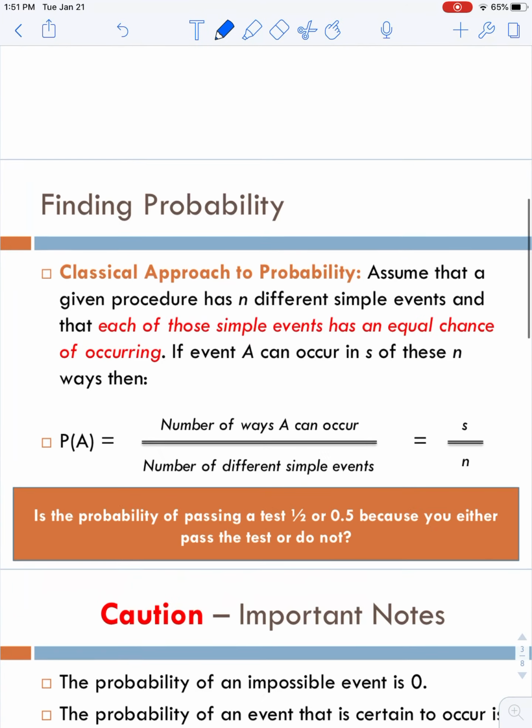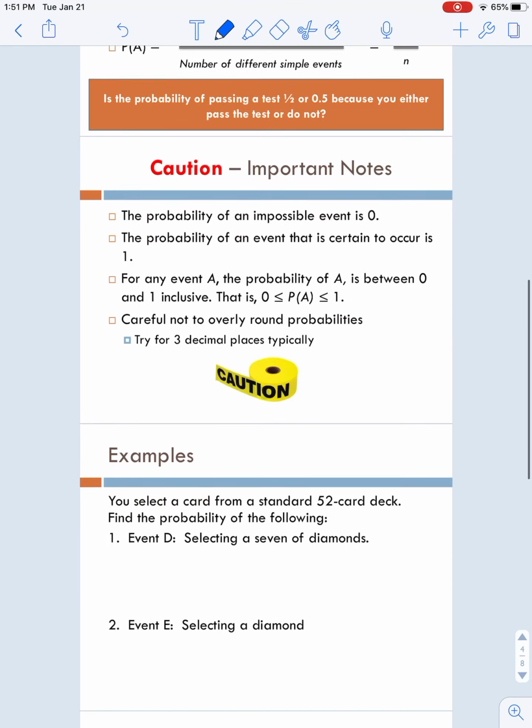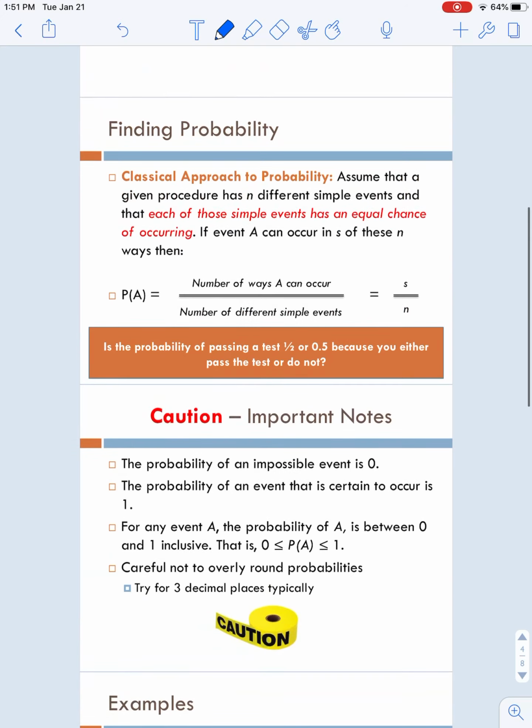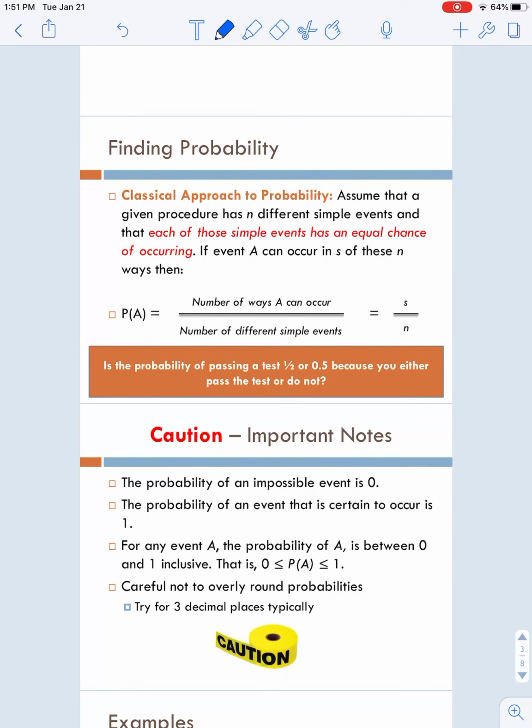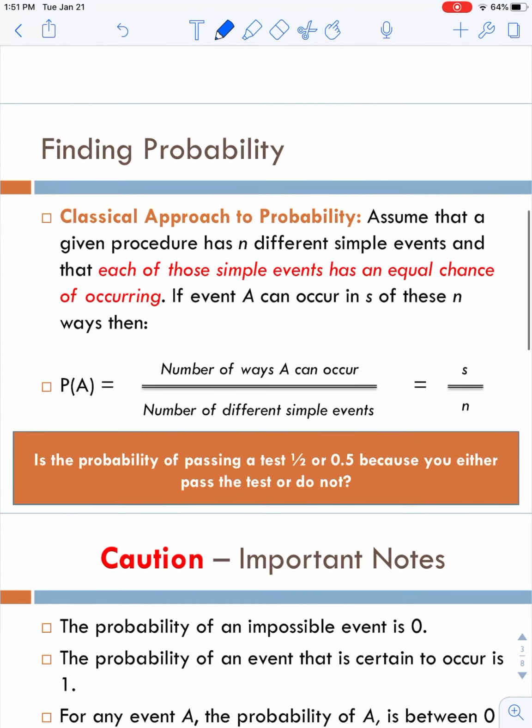Okay, so there are several approaches to calculating probability. The one that we're going to focus on is the classical approach, and that is how many ways can something beneficial to us occur over how many possible things can occur. An easy example of this would be flipping a coin.